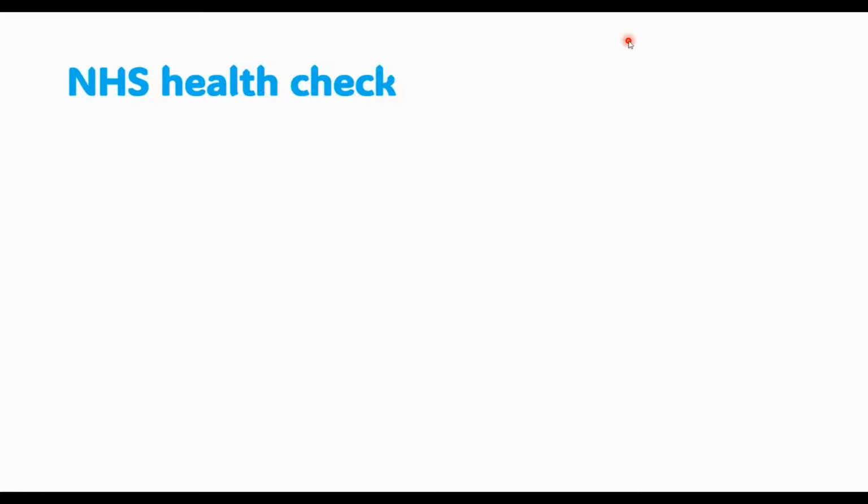Okay, so what we need to talk about now is the NHS Health Check. This is a check offered to adults between 40 and 74 years, and they can have these every 5 years.